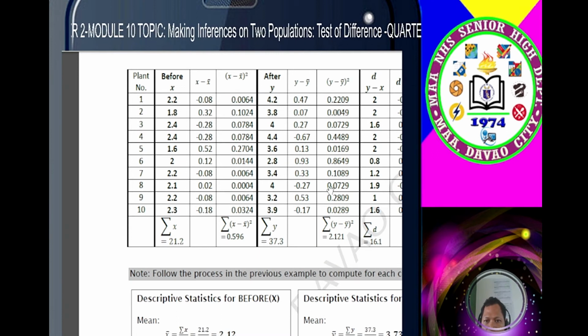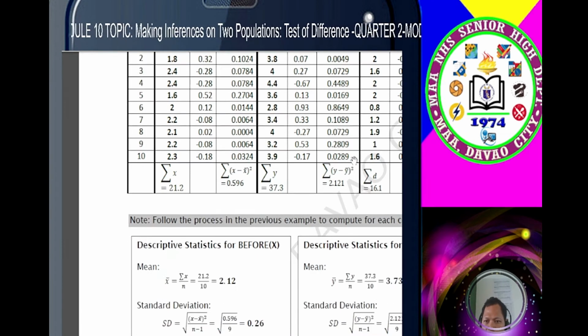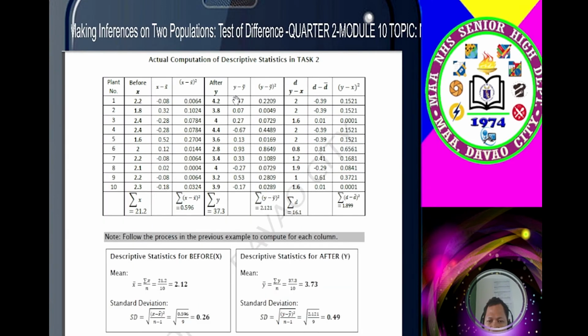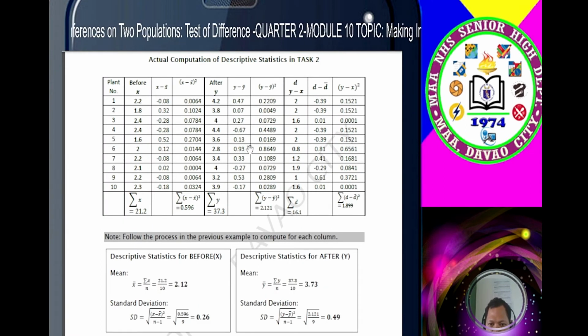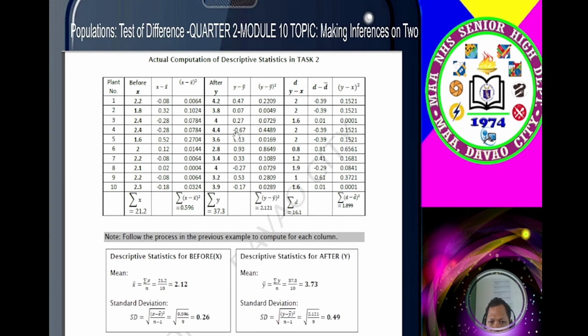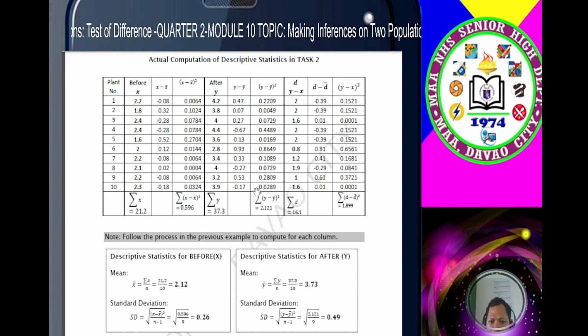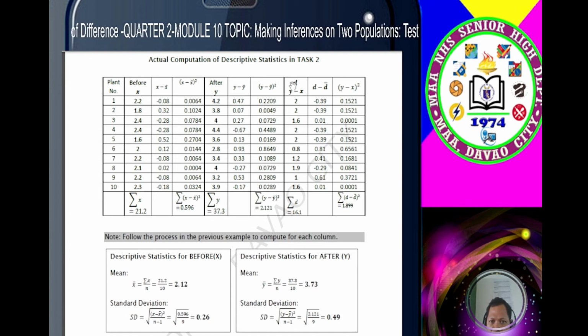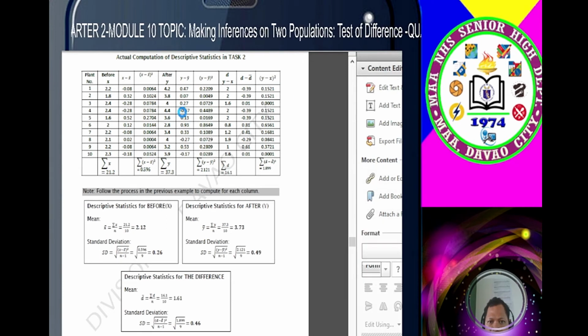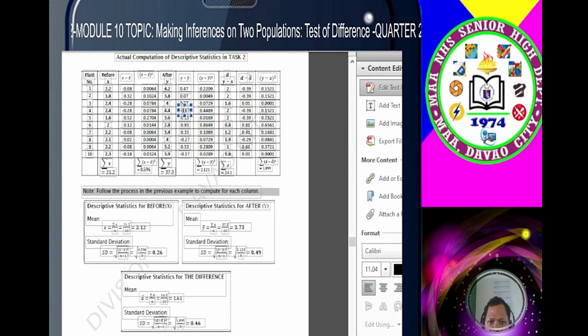Just subtract the values. So we have some errors in our module. So this is still positive. 4.4 minus 3.73, so positive 0.67. I'll just edit it so you cannot be confused with the result.